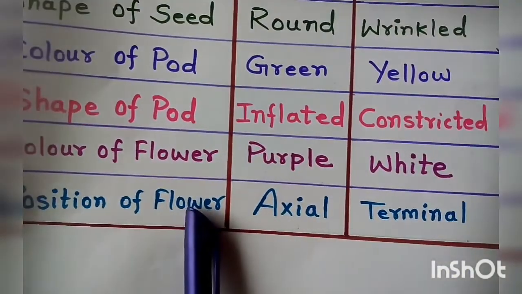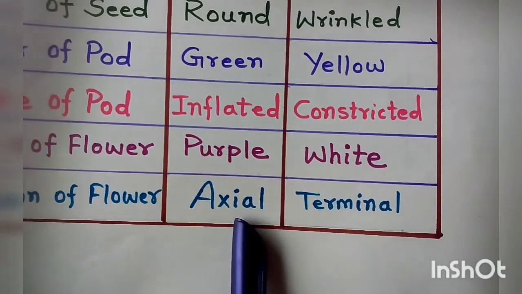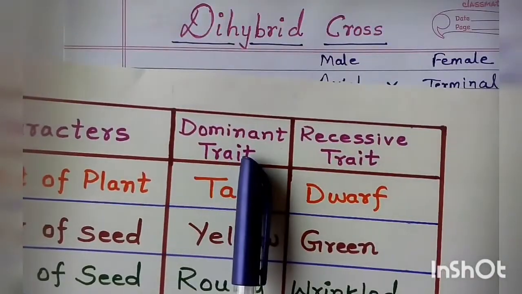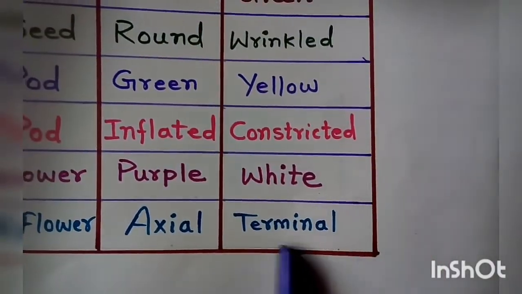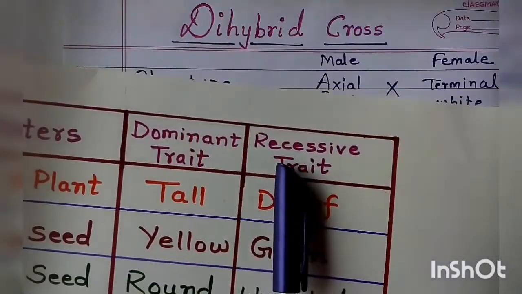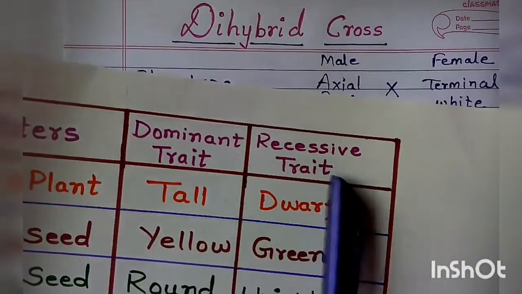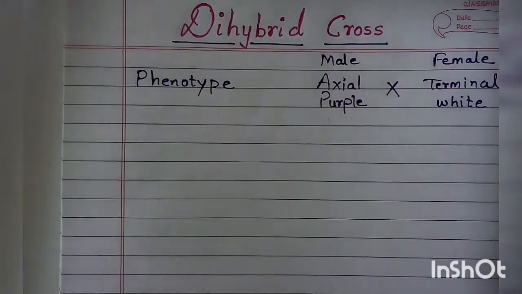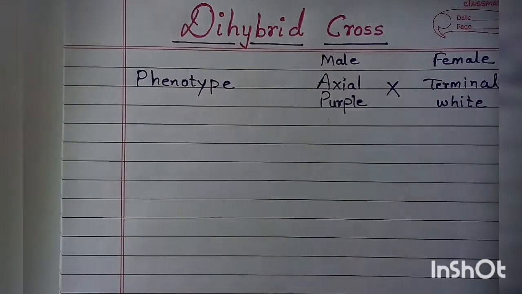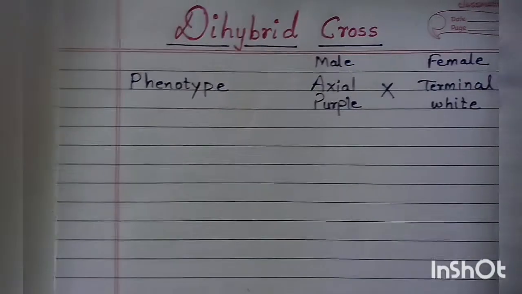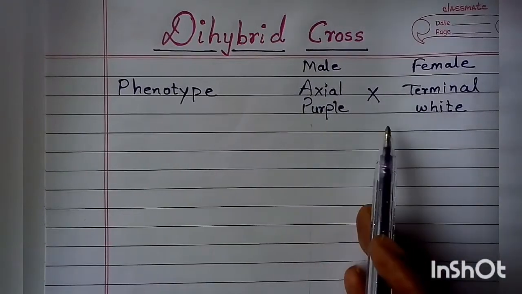For position of flower, the axial position is a dominant trait, whereas the terminal position is a recessive trait. So keeping this in mind, you have to start a cross. So these are the parents that we have used.